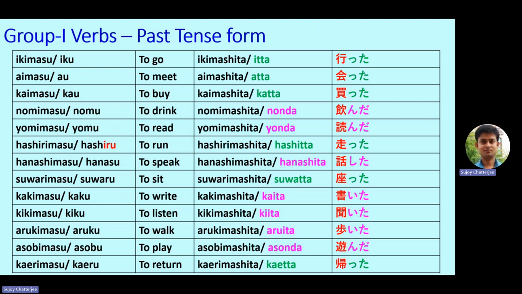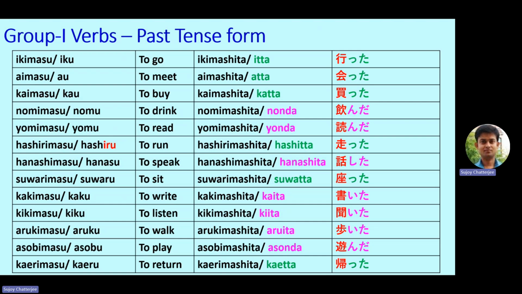Aruku, arukimashita, aruita. Asobu becomes asonda, and kaeru becomes kaetta. This again follows the generic rule of these group 1 verbs. So this is how you convert the present plain form of a group 1 verb to the plain form past tense.